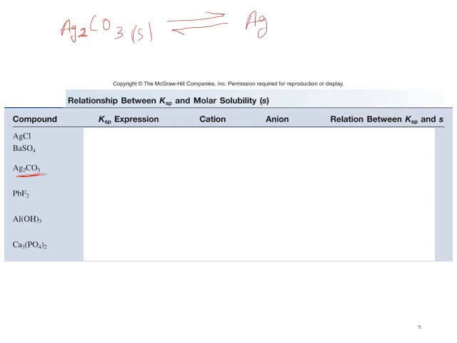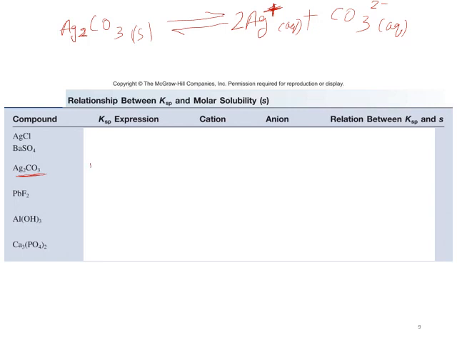So silver carbonate is going to produce silver ion. Always remember silver has a charge of +1. And it's going to produce 2 silver ions, plus 1 carbonate ion. So in this case, what would be my Ksp expression?